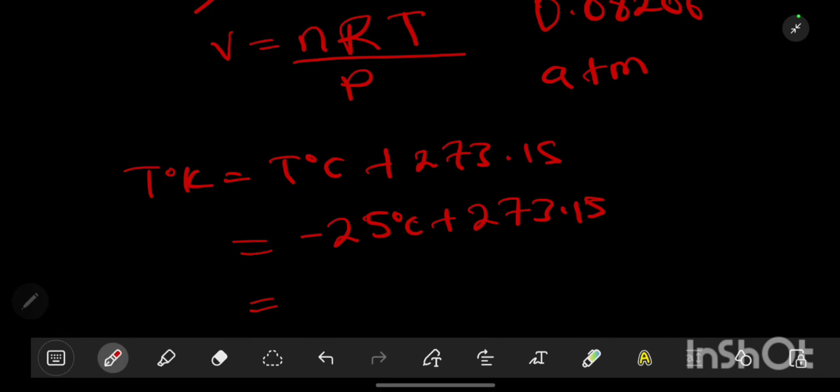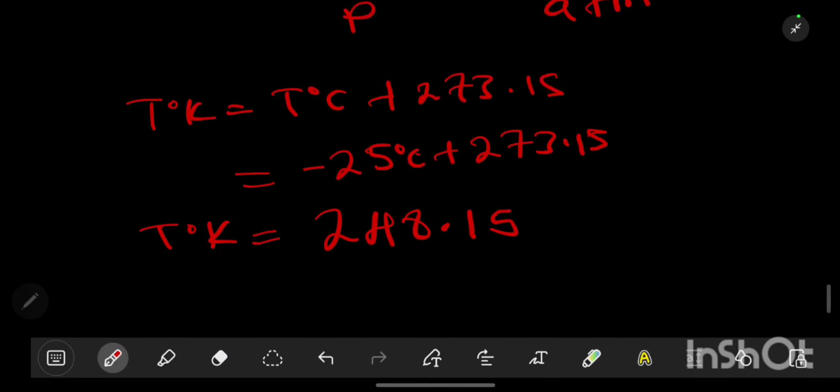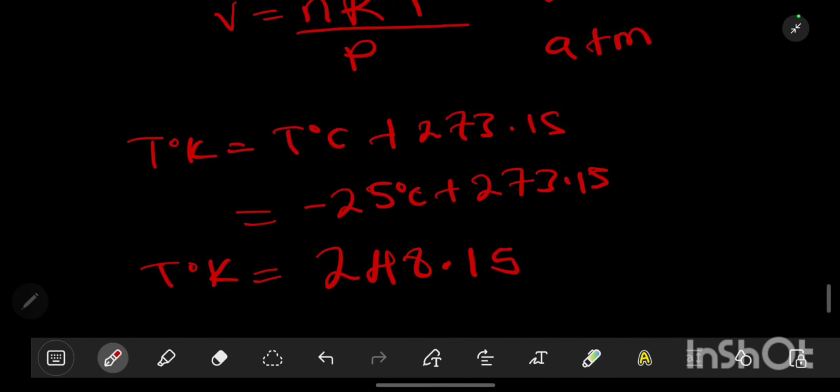This is going to give us a value of 248.15, like that. So this is the temperature in kelvins.